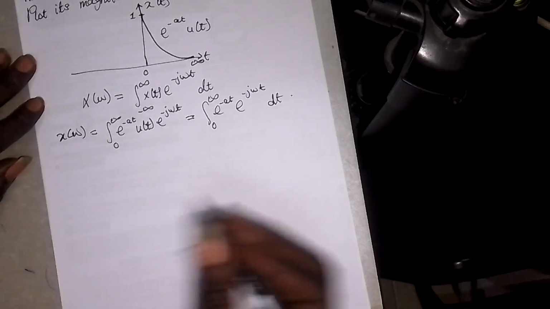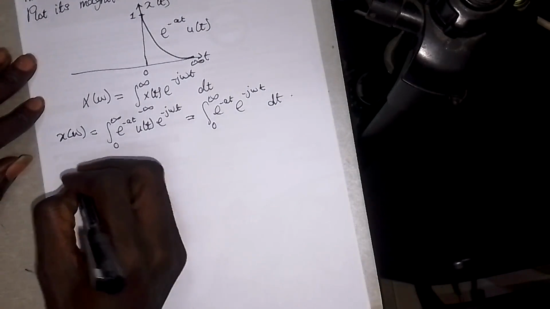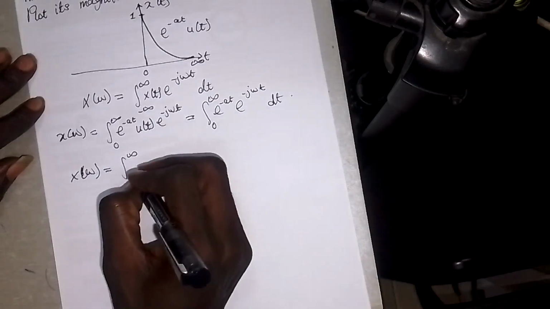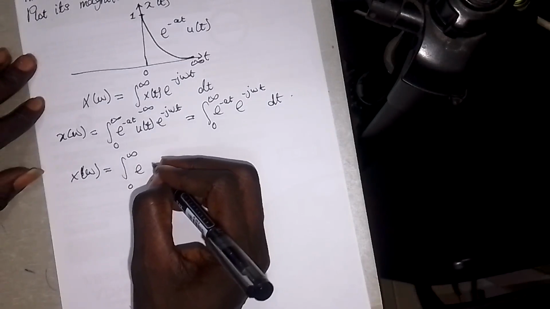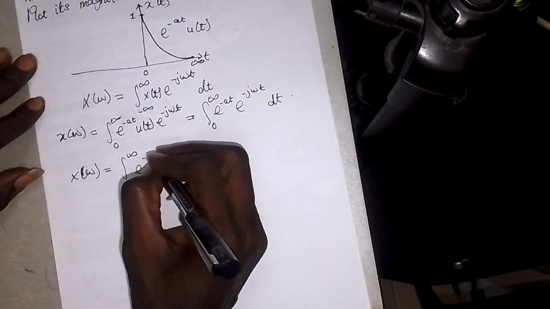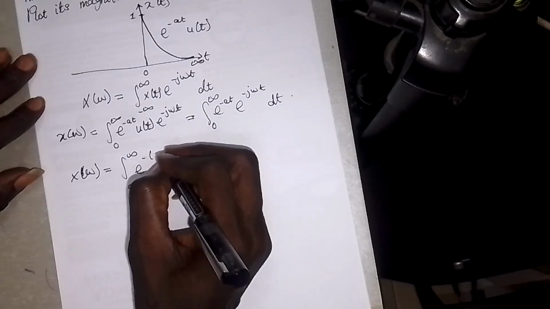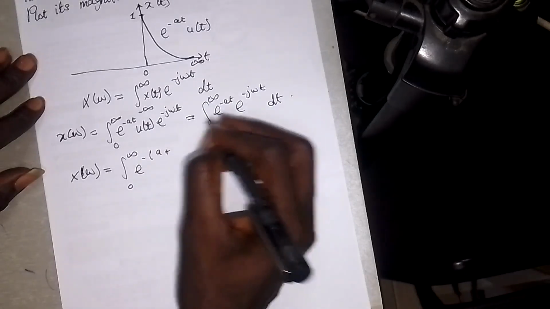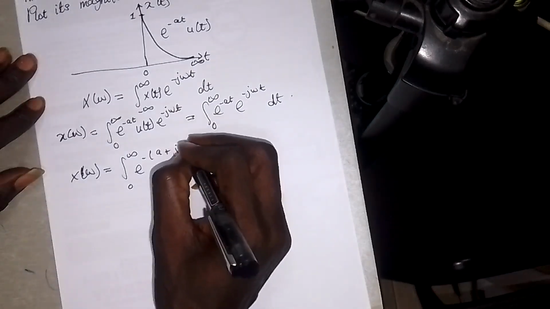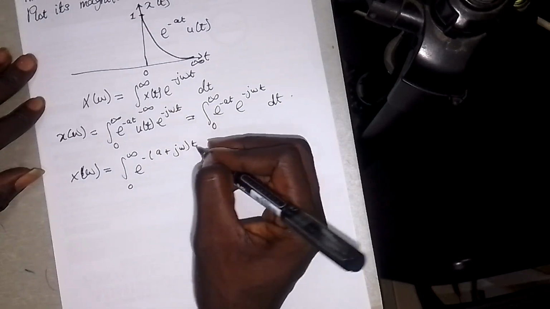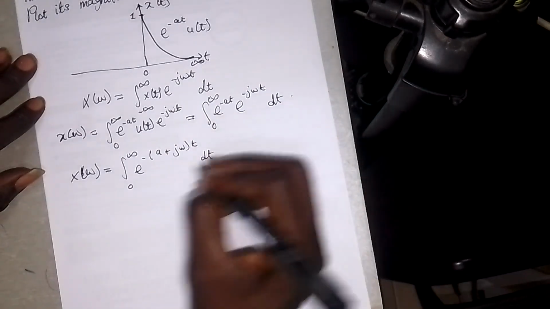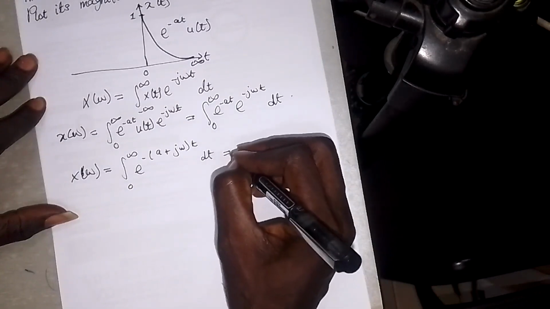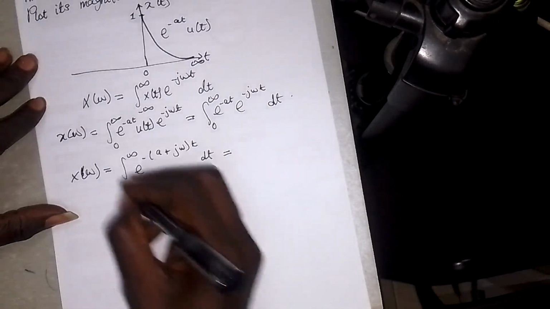Now X of omega is equal to the integral of e to the minus, where I can bring the minus out, (a plus j omega) into t dt. Now I can just integrate it.